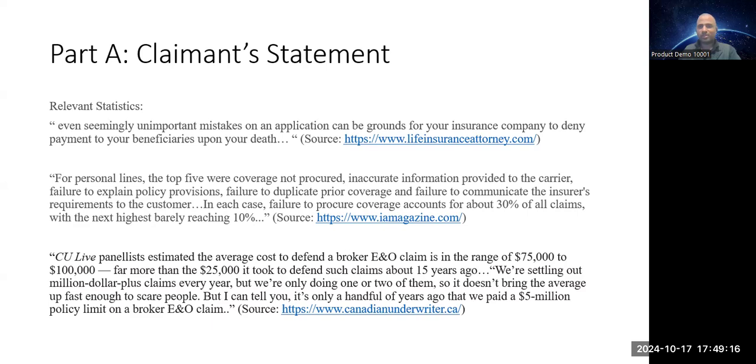And in each case, this failure basically cost the insured 30% of all the claims that were submitted. Okay. So the average expense to defend a broker errors and omission claim is in the range of $75,000 to $100,000, far more than the 25K it took to defend those kinds of claims about 15 years ago.